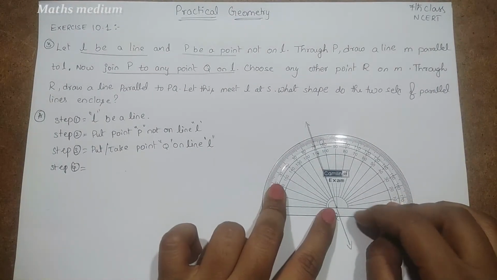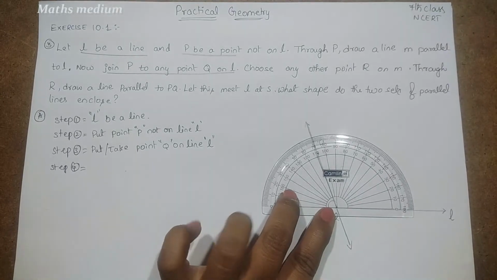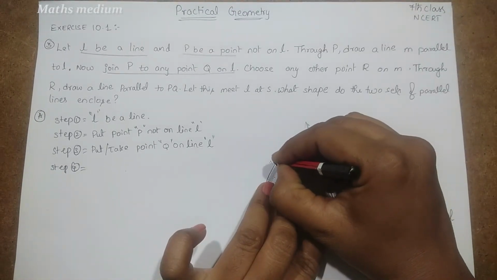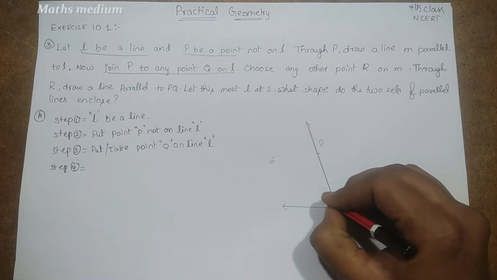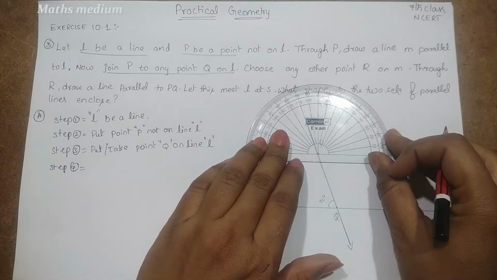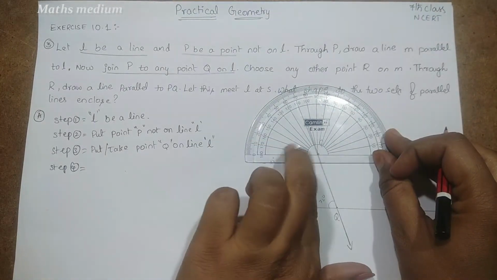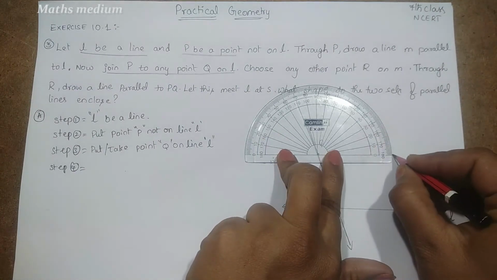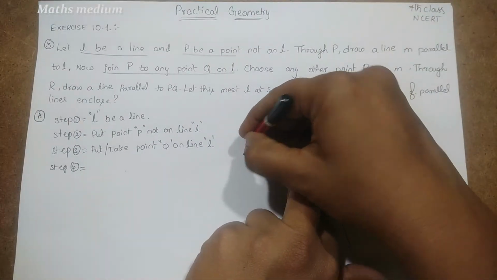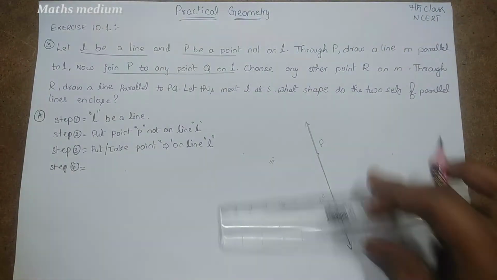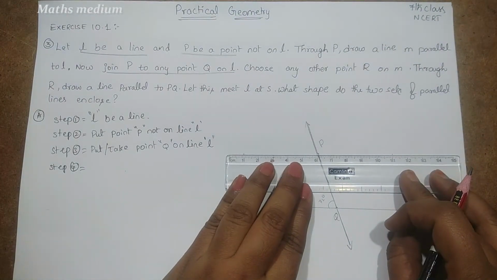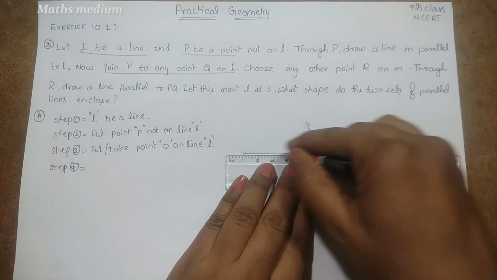This is the angle of 72 degrees. Now take here also 72 degrees at P. I am putting points at the zeros. Now extend these two.